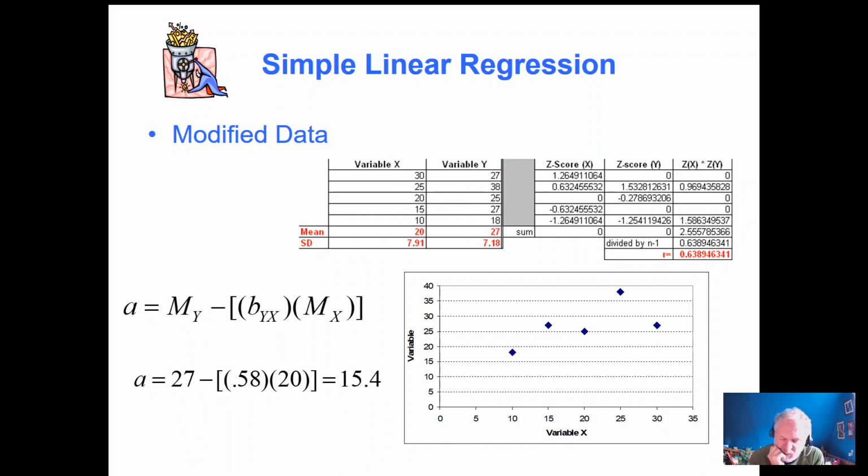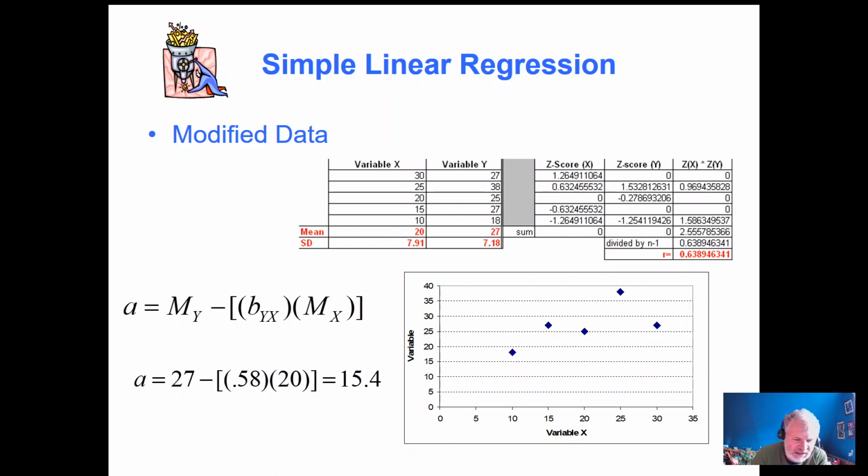The y-intercept is simply the mean of y minus the slope for the equation, which is the 0.58 from the previous slide, multiplied by the mean of x. Now, why do I use the mean of x and the mean of y? Well, because one point on any best fitting line is the point defined by the mean of x, mean of y.